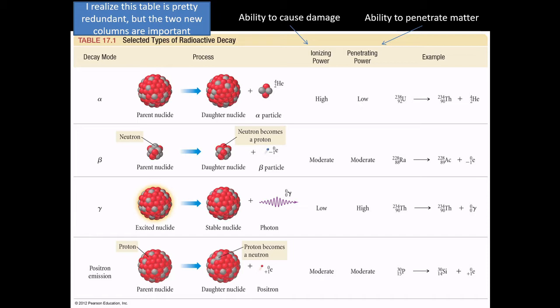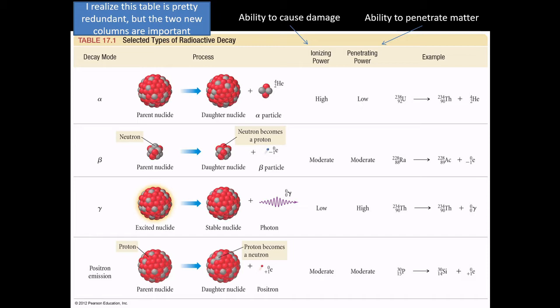Some of those beta particles will get absorbed by relatively thin and low density material like that. But a lot of them won't. A lot of them will actually just pass straight through that because they are so high energy and so tiny. They can pass through matter.